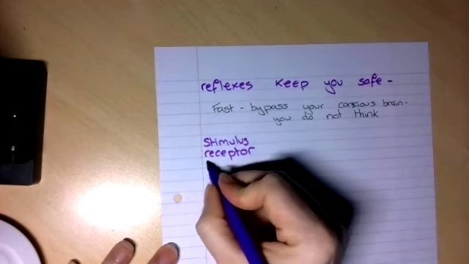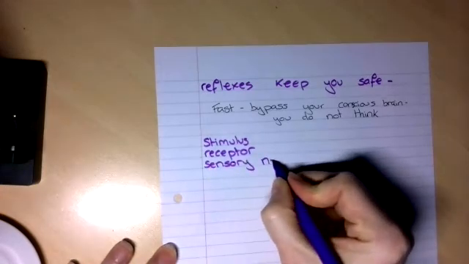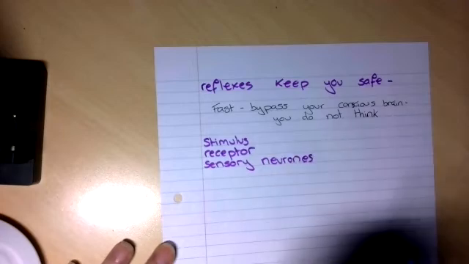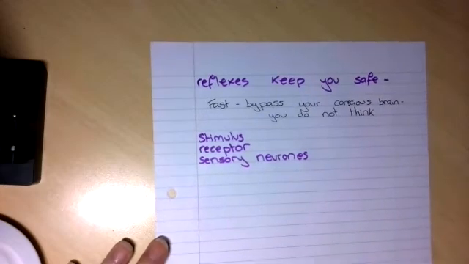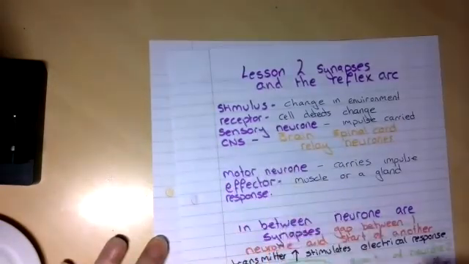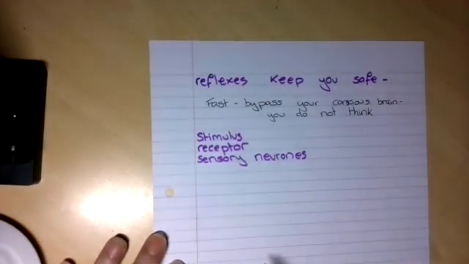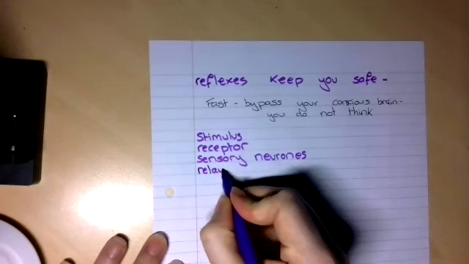The sensory neurons send a message. But what happens at the next stage is different. Whereas previously, you would go to the central nervous system and to the motor neurons, all that happens here is that you go to a relay neuron.